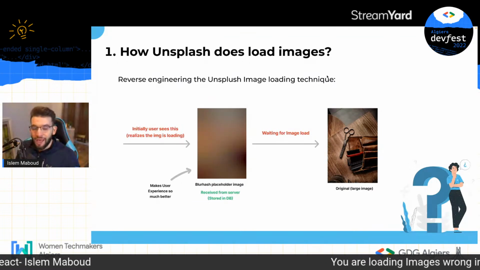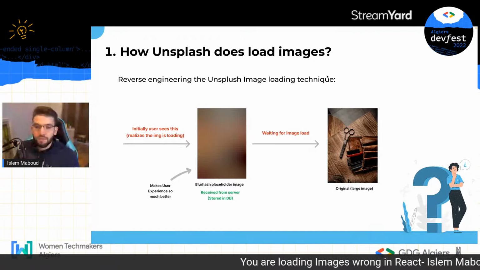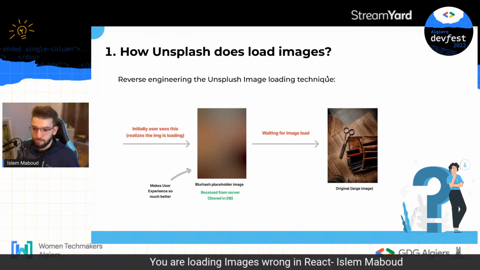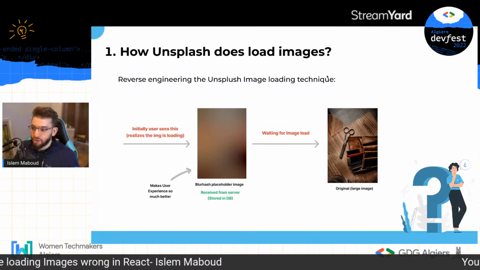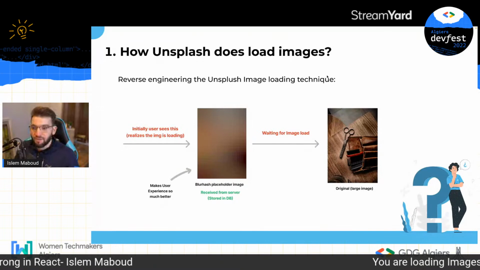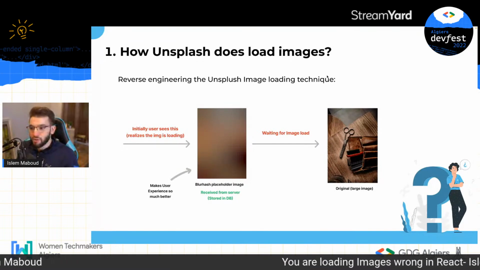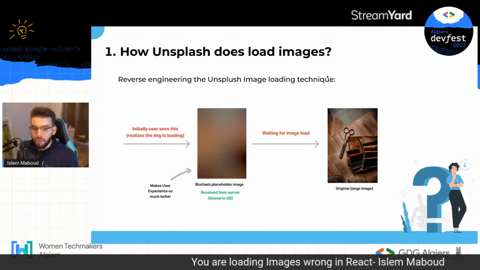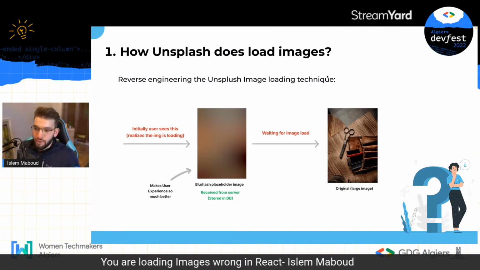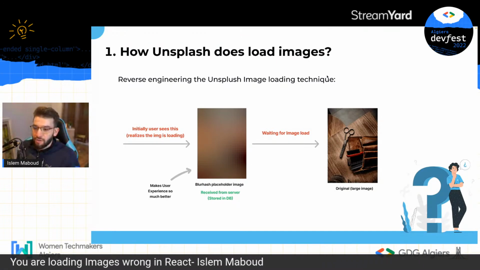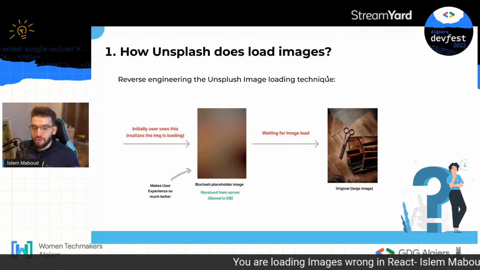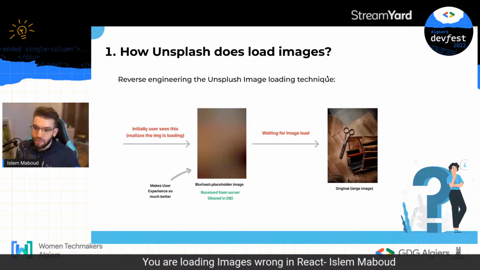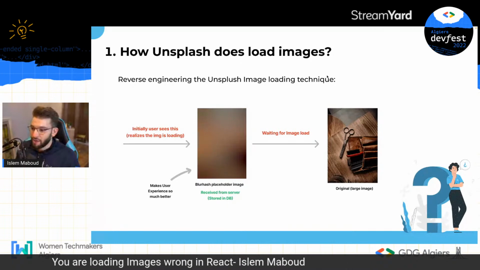Now, how can we have this same effect where we see a blurry, colorful placeholder image before we can actually see the original image? This is really a good user experience, because when the user sees that, they think, there's a picture, and I know from the blurriness of that picture that it is still loading, which means I'm just going to chill back and wait for this.